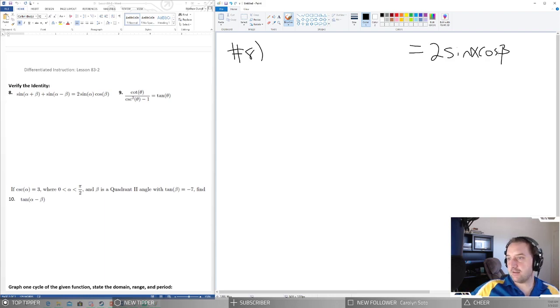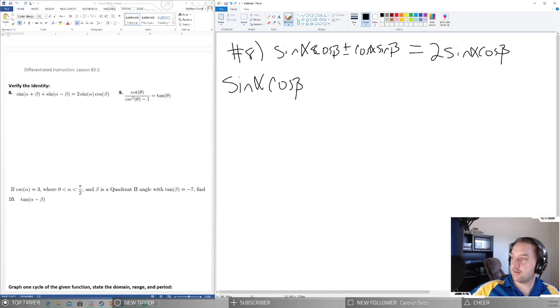Now the identity for sine, that is a sum and difference identity. And so that's sine alpha cosine beta. The sign stays the same. And then cosine alpha sine beta. So that first one is going to be sine alpha cosine beta.